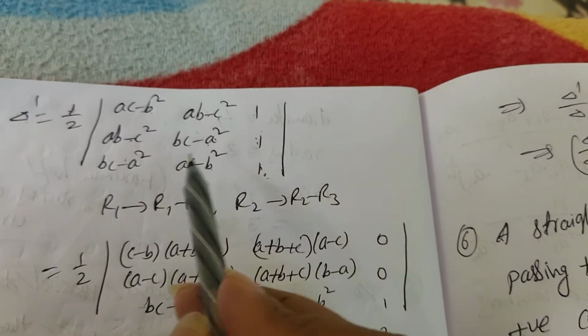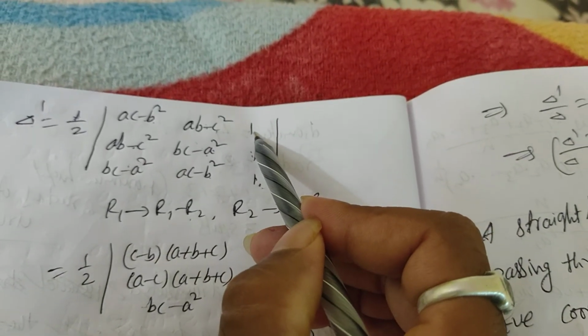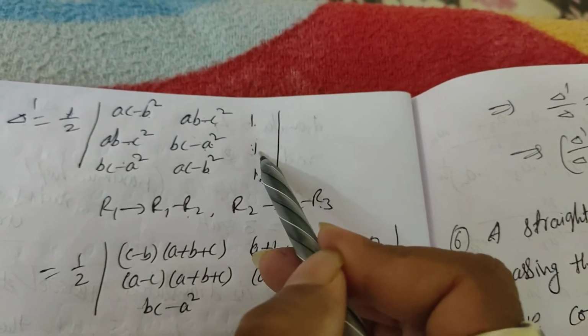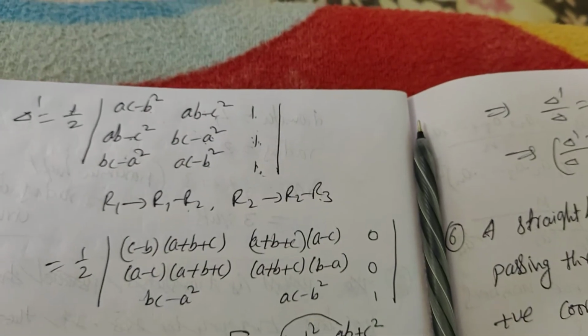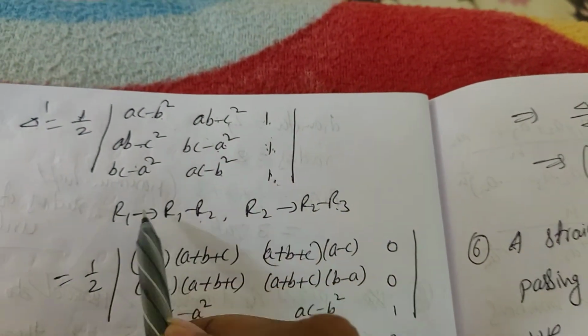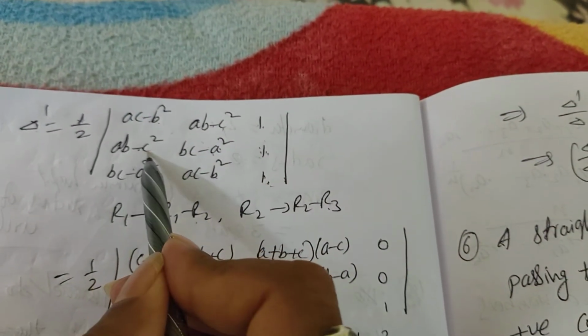Okay, so then this becomes 0 because 1 minus 1 is 0. Next, if you use R2 minus R3 also, this becomes 0. If any two elements are 0, expand through that column easily. Okay, so for that, use R1 minus R2, that means ac minus b square minus of ab minus c square.